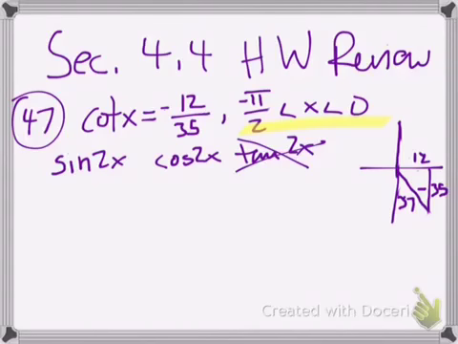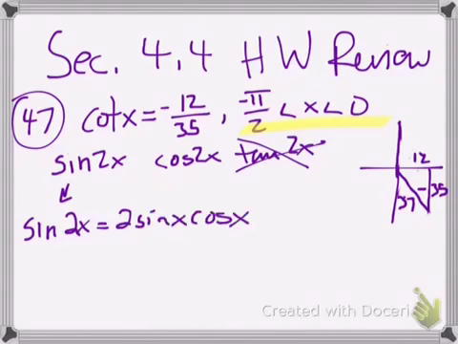All right, let's start with sine of 2x. Sine of 2x is equal to 2 sine x cosine x, right? So that would be 2 times the sine of x, which is negative 35 over 37, times the cosine of x, which is 12 over 37.